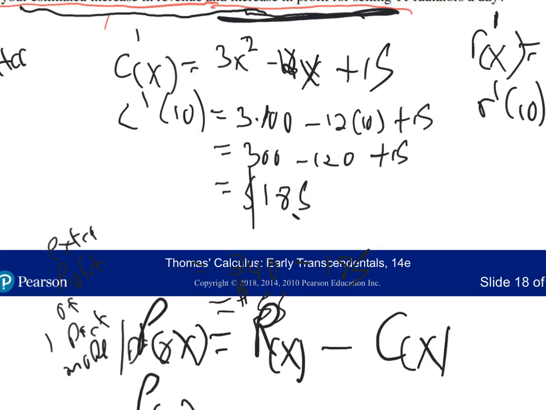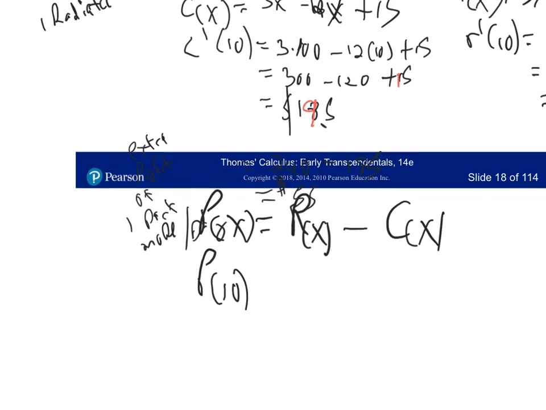Jeez. 195. Sorry. 300 minus 120, and I know you already knew it, was 180. There's not a 5, it's 15. 180 plus 15, 195. Okay, so back down here.